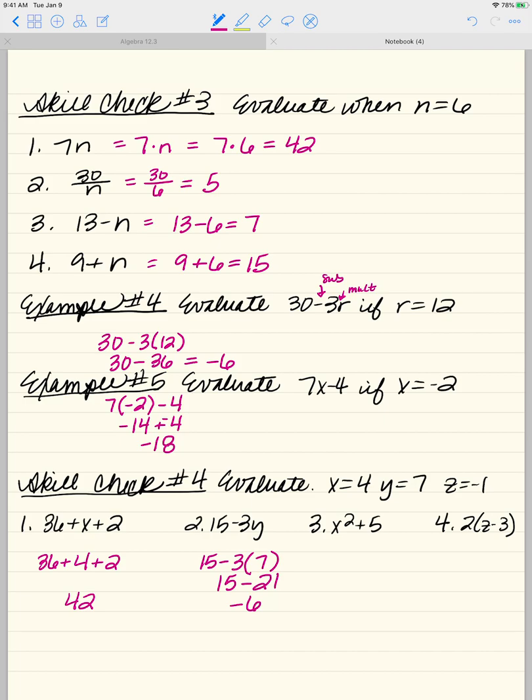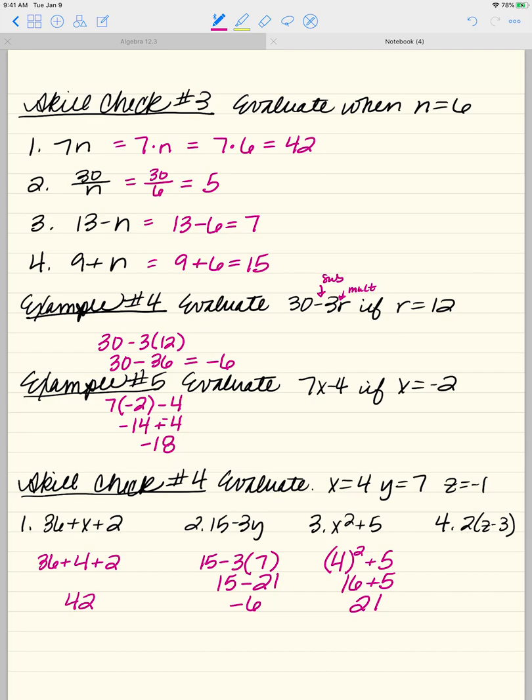Number 3, x squared plus 5. Substitute in the 4 for x, 4 squared plus 5, so exponents before addition. 4 squared is 16 plus 5 is 21.